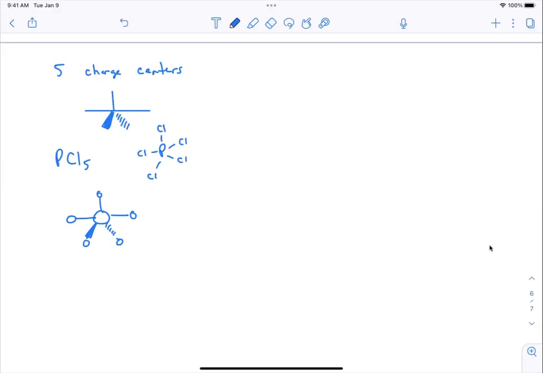You want to think of it as like an atom here, and then the 3 parts where my fingers come together is the other 3 atoms. And so it's actually what we call a trigonal bipyramidal, because it's 2 pyramids stacked on top of each other, base to base. And so this shape is trigonal bipyramidal. Okay. So that is also the electron domain geometry. So if you have 5 charge centers, no matter how many lone pairs you have, it's trigonal bipyramidal.